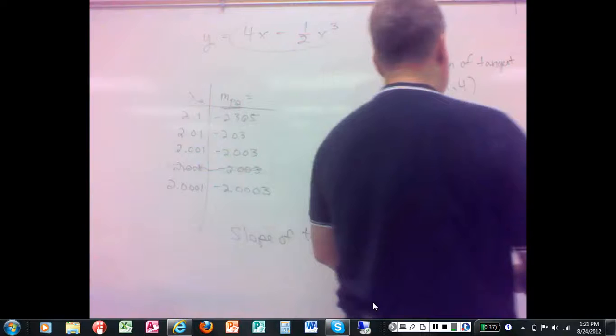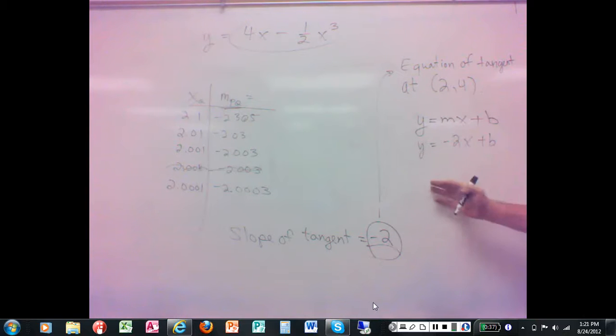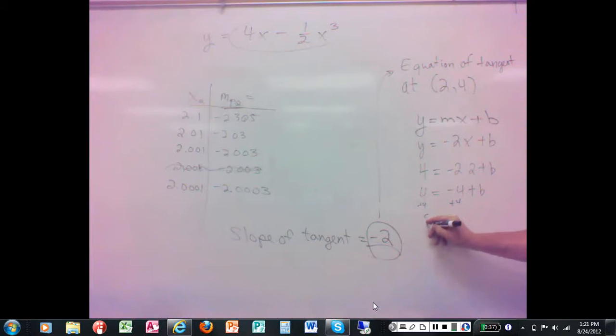But here, we know the m is negative 2, so I can plug that in for m. I've got 2, 4, so I can use that to find b. So 4 is y, x is 2, and so that's going to mean negative 4 plus b. So what's b? B is 8.